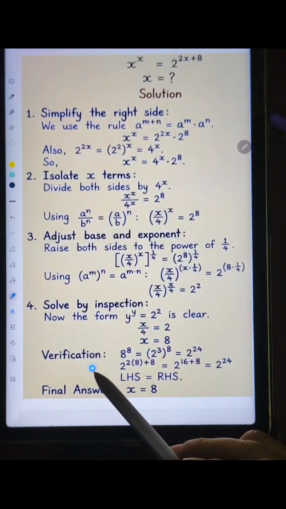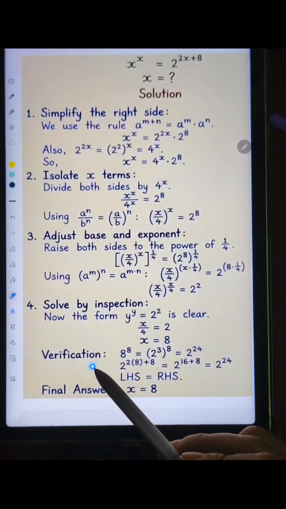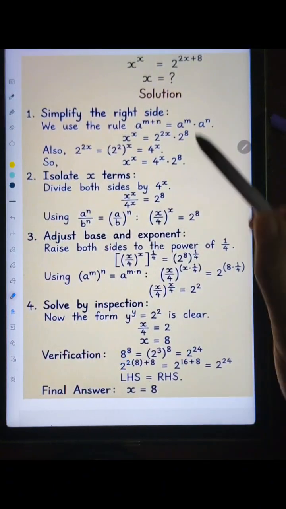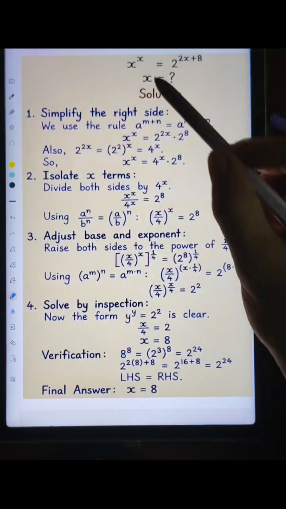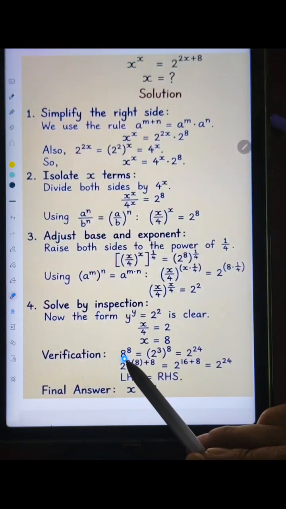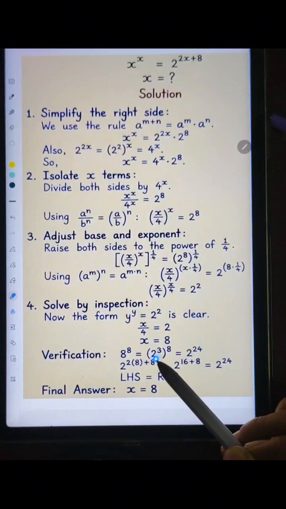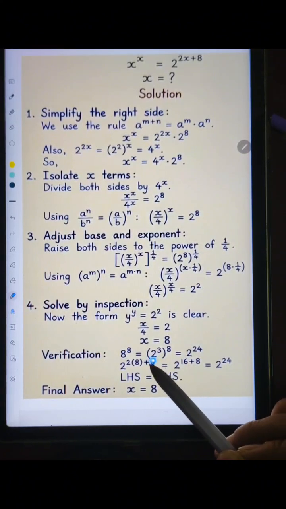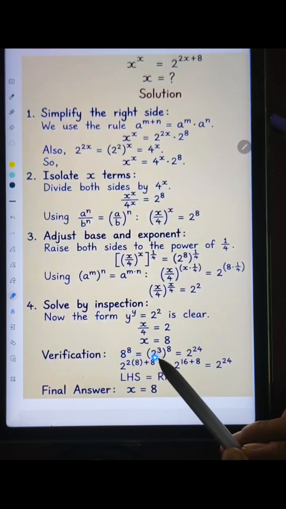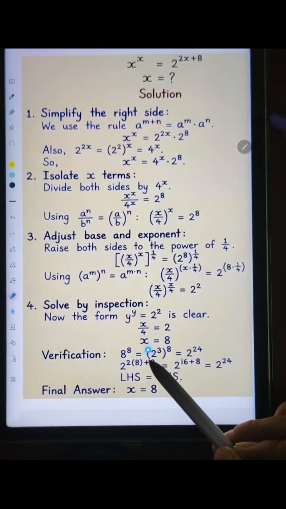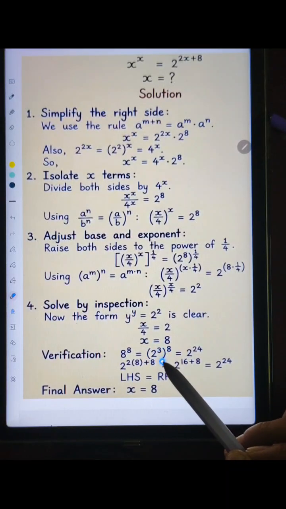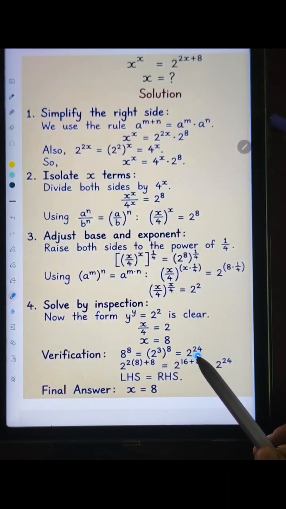Now, we can verify if our solution is really correct. So, go back to the original equation. You have x raised to x, so that is 8 raised to 8 equals 2 raised to 2x plus 8. This 8 raised to 8 can be expressed as 2 raised to 3, then raised to 8, and that is 2 raised to 24.